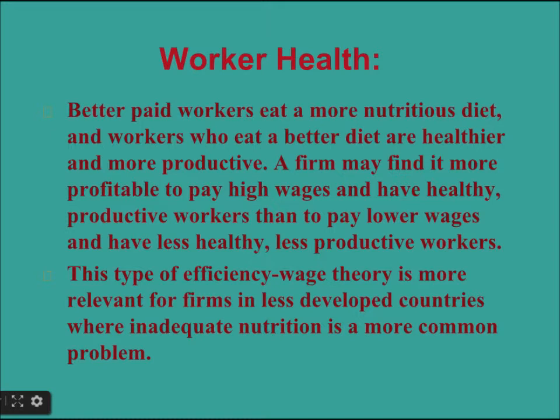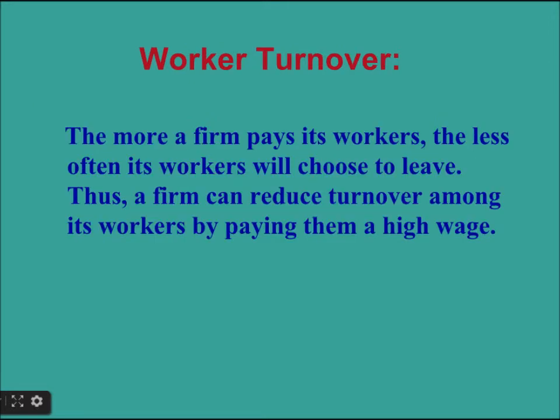A firm may find it more profitable to pay high wages and have healthy, productive workers than to pay lower wages and have less healthy and less productive workers. This type of efficiency wage theory is more relevant for firms in less developed countries, where inadequate nutrition is a more common problem.